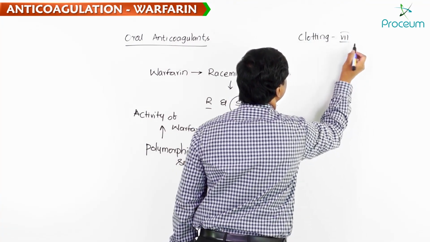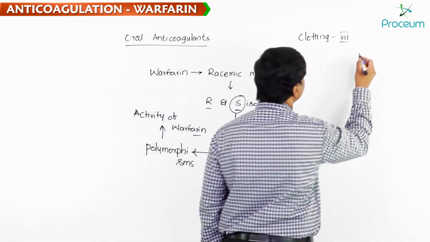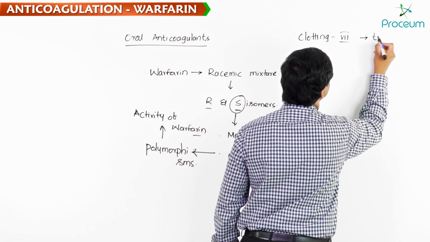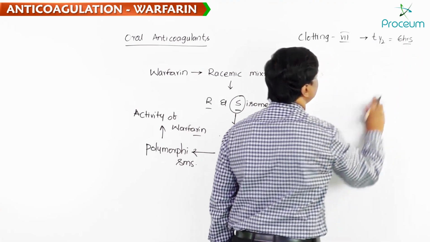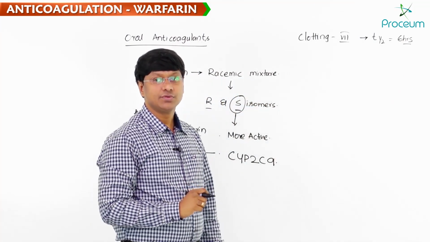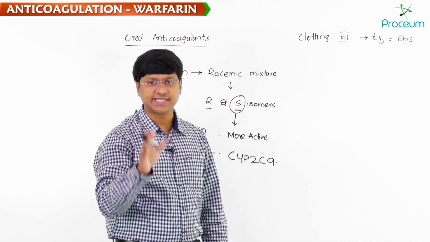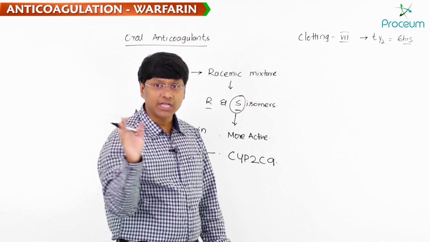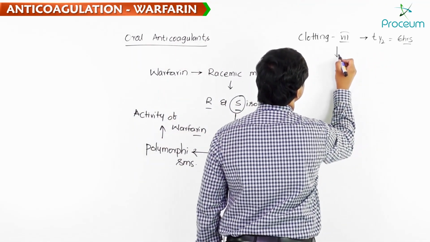This particular clotting factor 7 has a half-life of 6 hours. Because it has a half-life of 6 hours, among all the clotting factors, this is the one which is first to disappear.